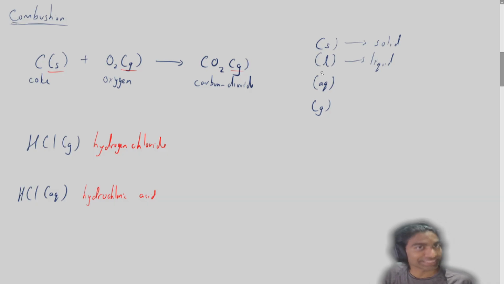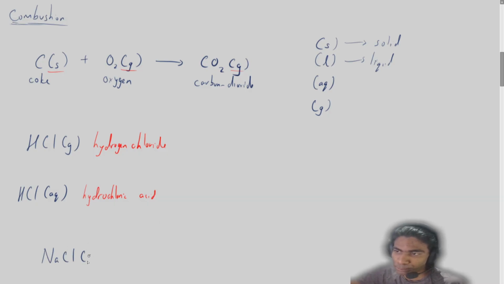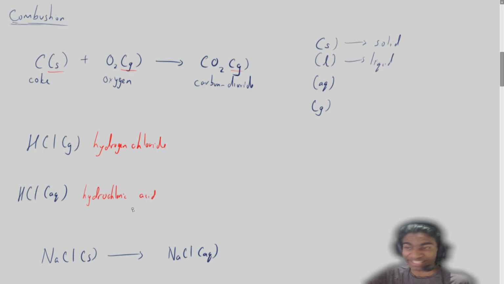Okay, so for example, if you've got some salt, let's say NaCl, and you put this salt into some water, the salt is obviously going to start to dissolve in the water if you stir it a bit, and that will then turn it into NaCl aqueous. So that's an example of something being dissolved in solution.